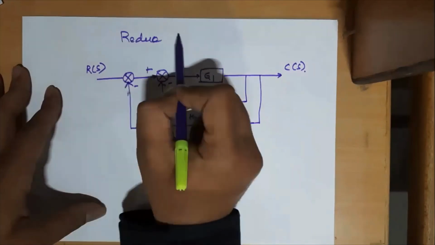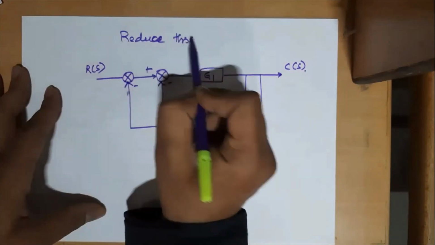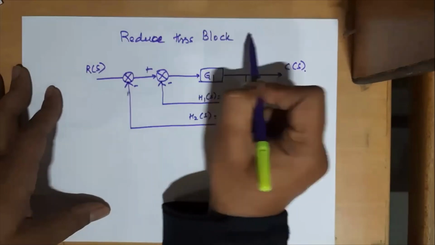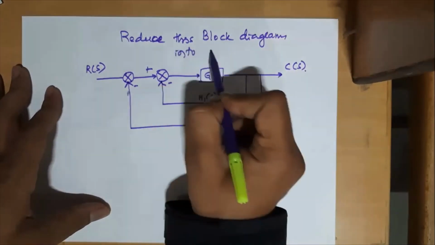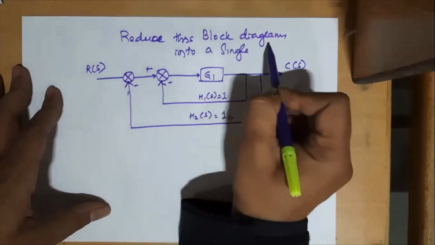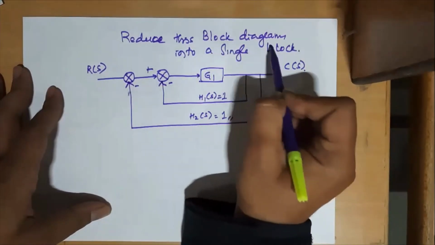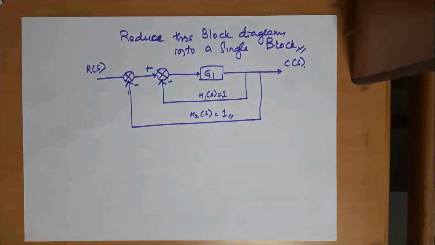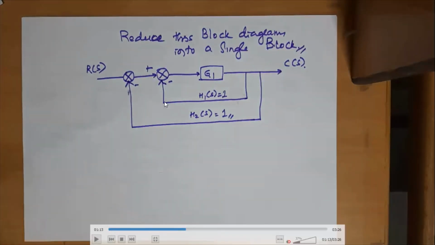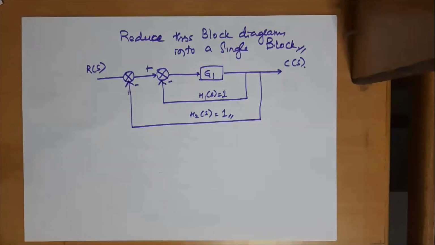The task is to reduce this block diagram to a single block. So how to solve this? This is one closed loop, this is another closed loop, both have a unity feedback.